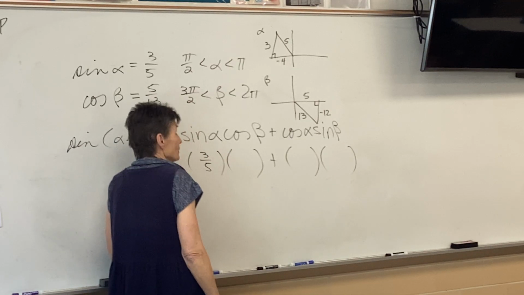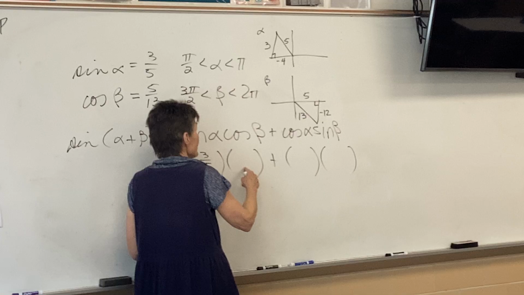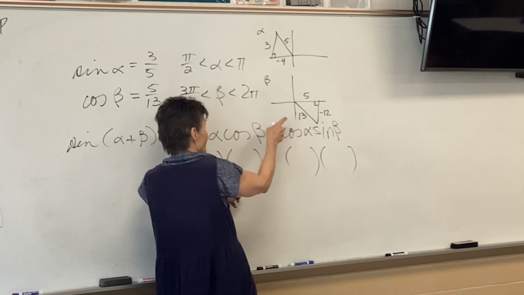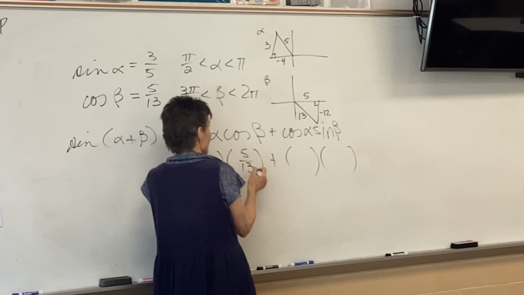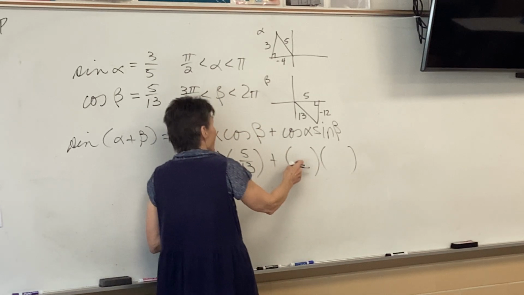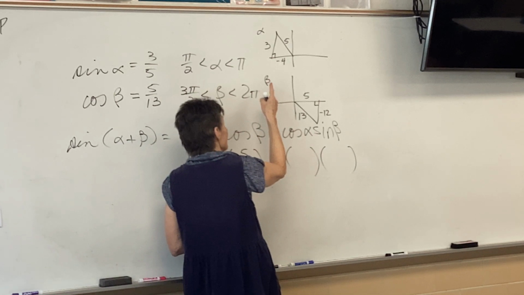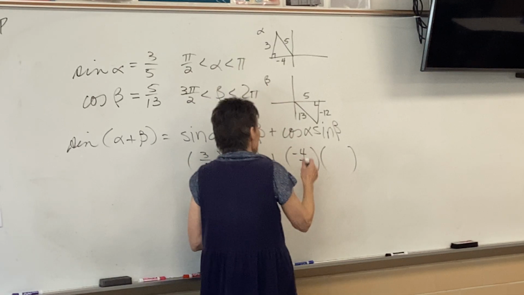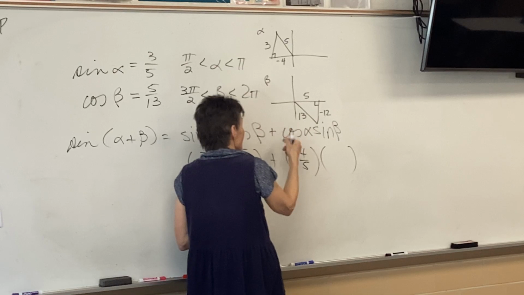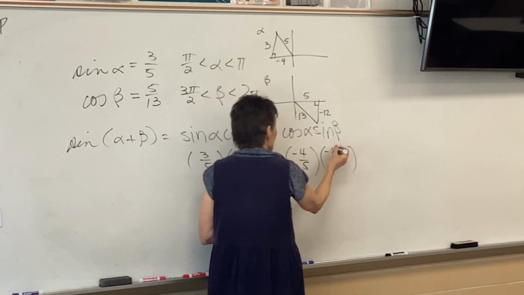Opposite over hypotenuse. What's the cosine of beta? 5/13. What's the cosine of alpha? -4/5. And the sine of beta? -12/13.